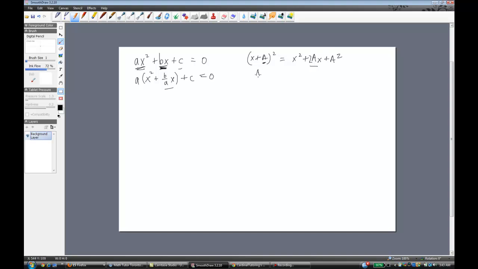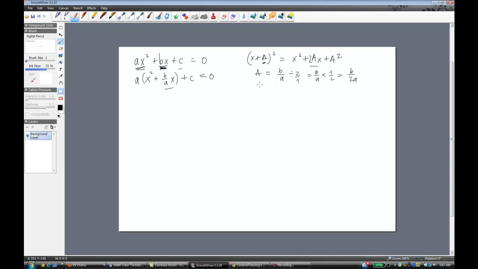So A is equal to b over a divided by 2, which, if you recall, division of fractions, we can invert and multiply. So we have b over 2a.